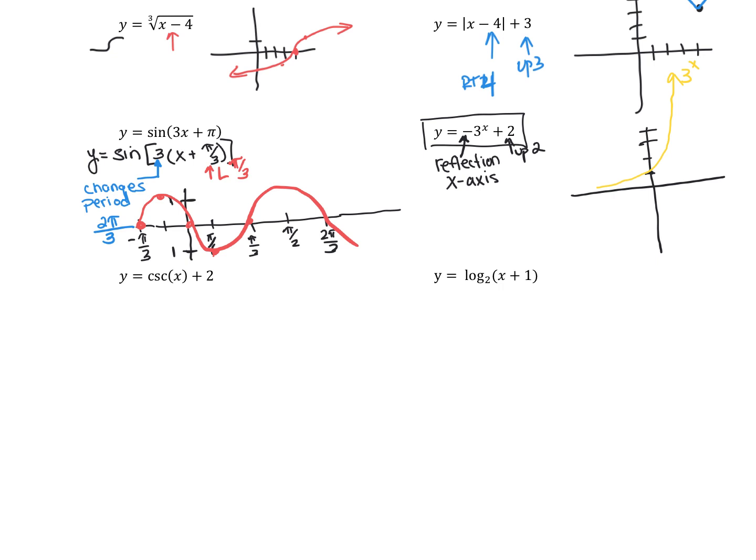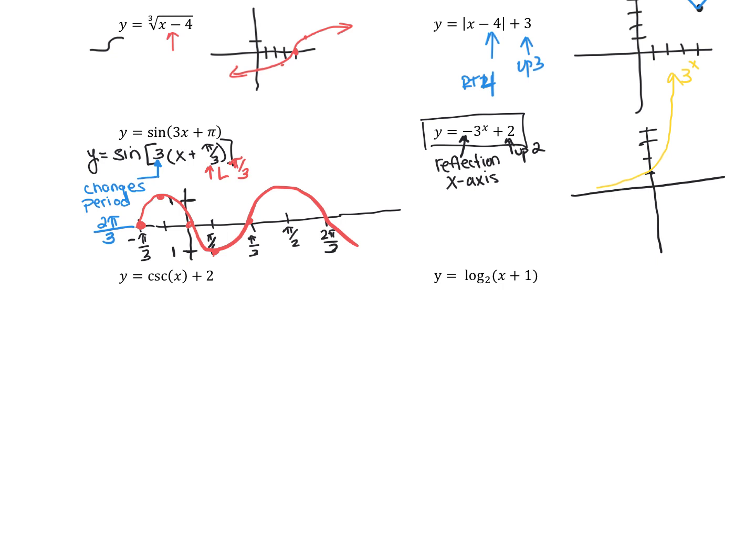Now, the question here becomes, do I shift it up first or reflect it first? And my answer is, if you are plugging a number in, let's say we plugged in the number 2, we would square the 3, and then we would make that 3 negative before we added the 2. So we're going to do the reflection first.